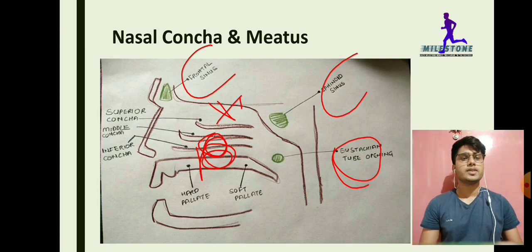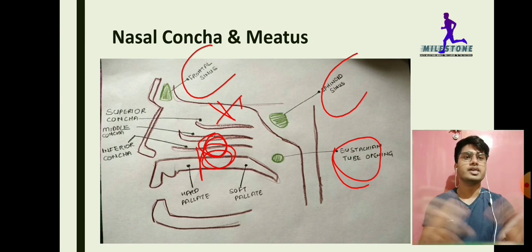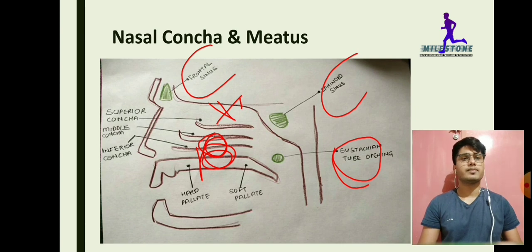Okay, so that's why the nose humidifies. If the air is so much hot then it makes it colder, and if the air is so much cold then it makes it a little bit warmer. It humidifies the air. It also catches the foreign particles like dust and pollutants. Okay, so that is the function of the nose. Nose doesn't just get the air.